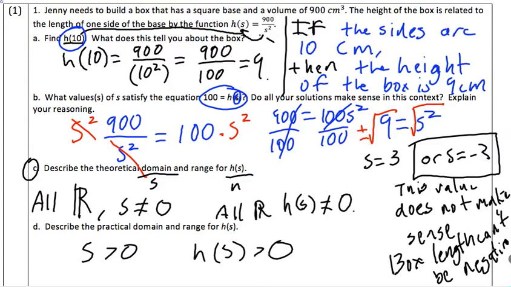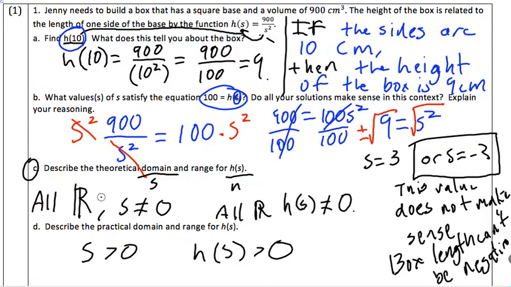Okay, so that's question 1. The most important things to take away from question 1 are, when you see the symbol h of 10, it means you plug in 10 for s. When you see h of s equals 100, it means you don't plug in 100. You write out the equation, write equals 100, and then work backwards to solve. Those are the two main things I wanted to review with this question.